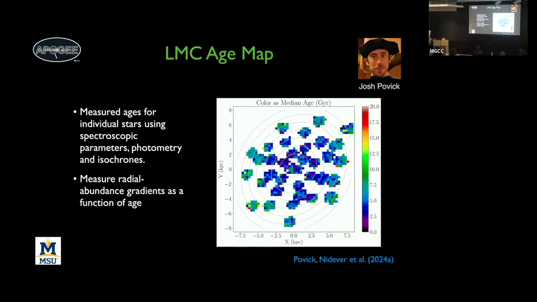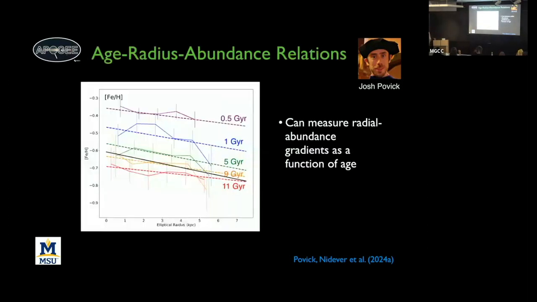And he was able to determine ages star by star using the distances in the plane of the LMC, as well as the spectroscopic and photometric data compared to isochrones. And then we were able to look at these radial abundance gradients as a function of age.